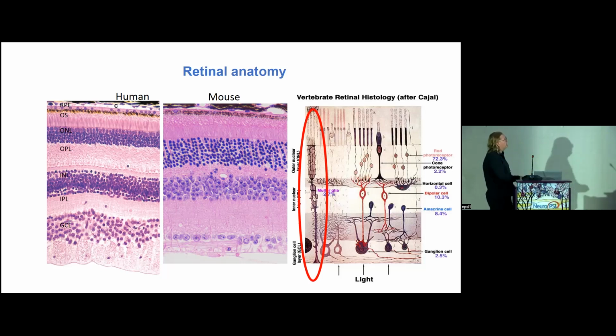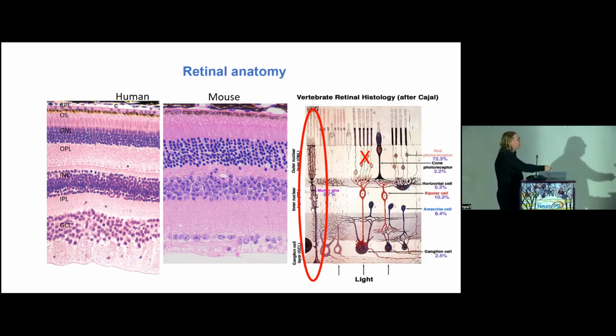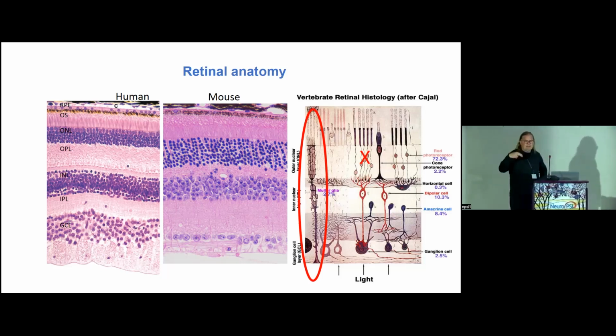Now, Müller glia closely resemble retinal progenitors in many respects: their radial morphology, their gene expression profile, and their ability to proliferate following injury.